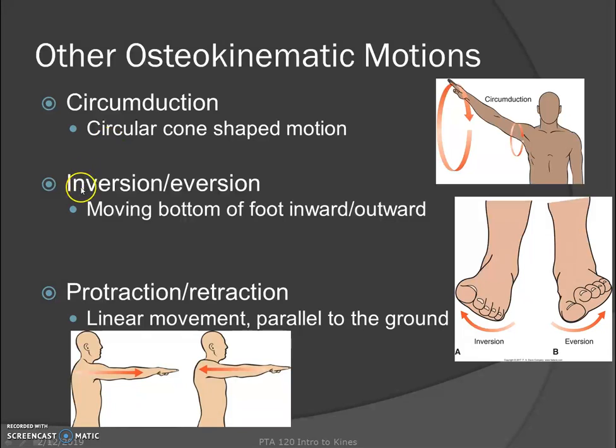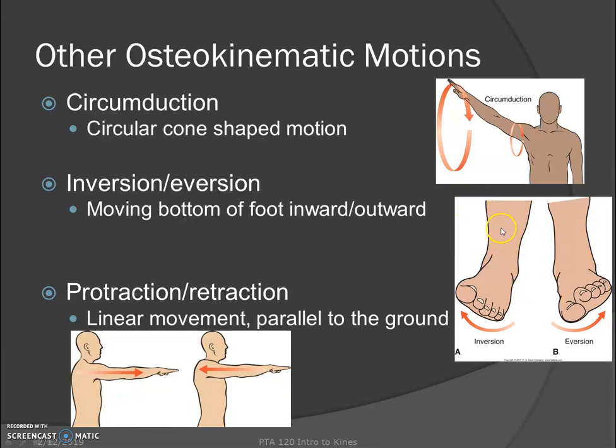Another type of motion is inversion and eversion, and this is specifically at the ankle, as you can see here. I think of the position of the bottom of the foot as letting me know whether I'm inverted or everted. If the bottom of the foot is inward, this is inversion, so towards the midline of the body.